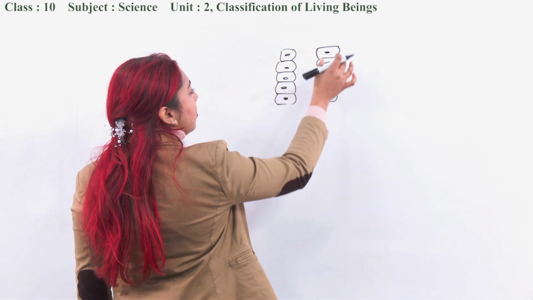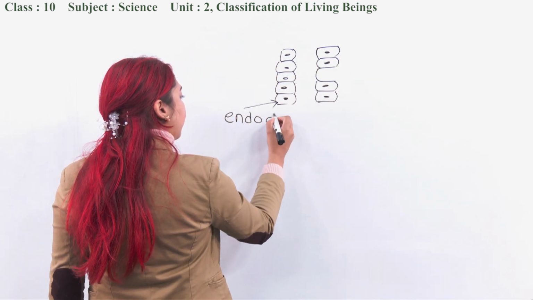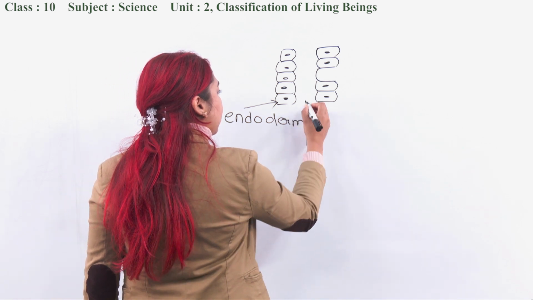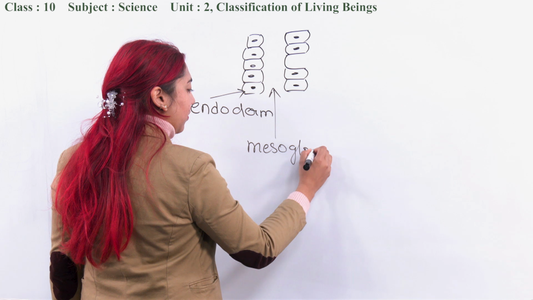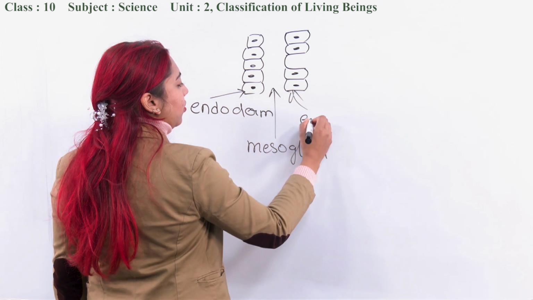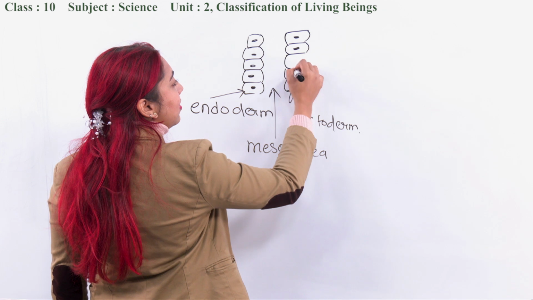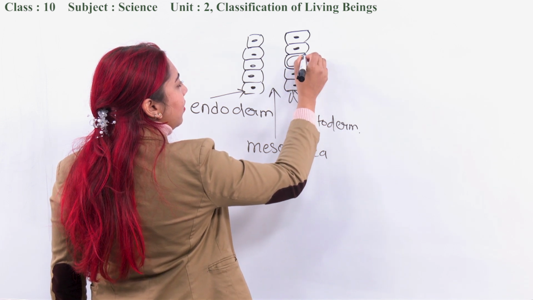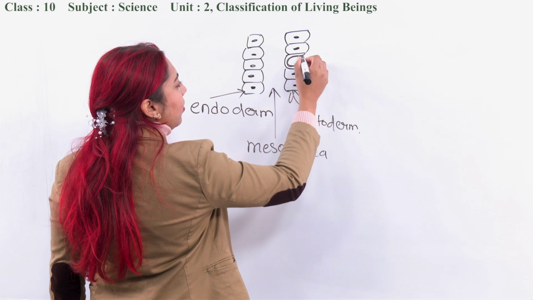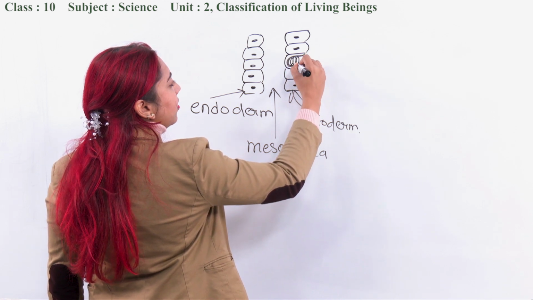Now this is a small part of their body wall. This is the endoderm. This is mesoglea. And this is the ectoderm. And inside the ectoderm lies this cnidoblast cell. Now, there is this thread-like structure.